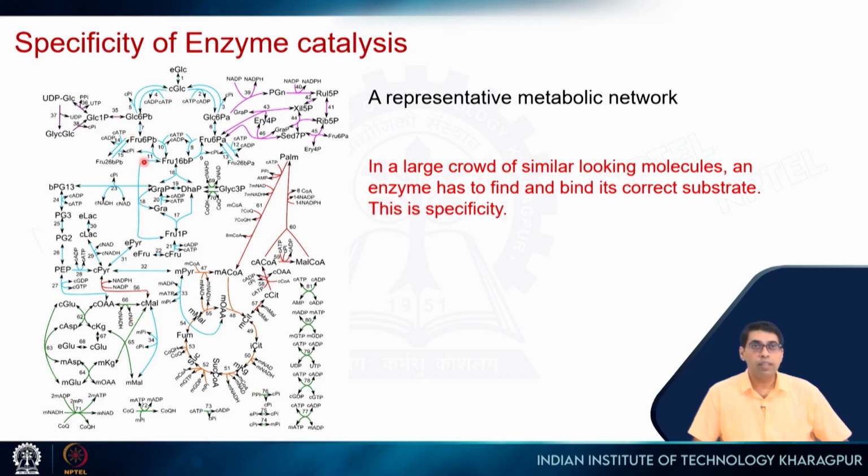Each of these steps is catalyzed by different enzymes, and you can see that some of these molecules look very similar in structure. Maybe they are just different stereoisomers, right? So enzymes have to be very specific so that they bind the right substrate and carry out the reaction. So this is called specificity, and we have already seen specificity in the context of protein ligand interaction when I talked about the FGF receptors.